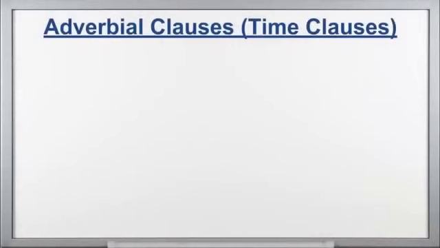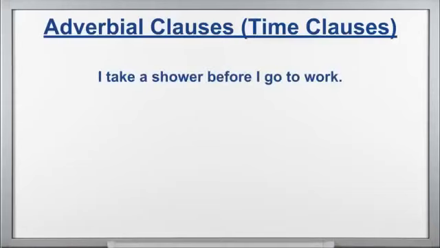All right, so as I said, we're going to be talking a little bit about adverbial clauses, most specifically time clauses. And I've got some examples here for you. Let's see the first one. I take a shower before I go to work. If you pay close attention, you can see that this sentence has two parts or two clauses.